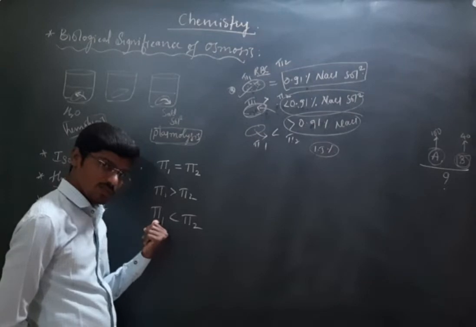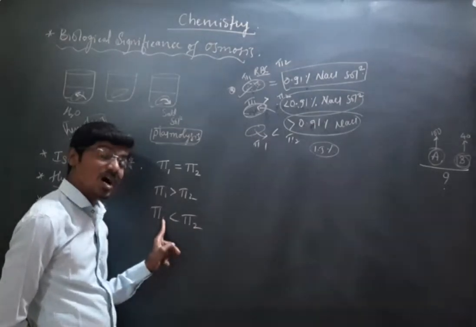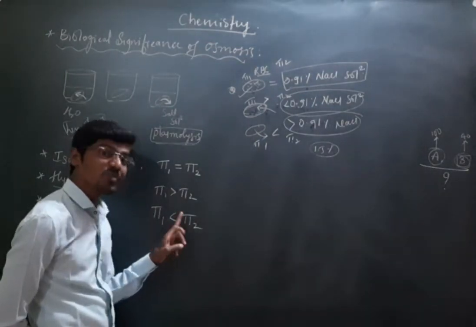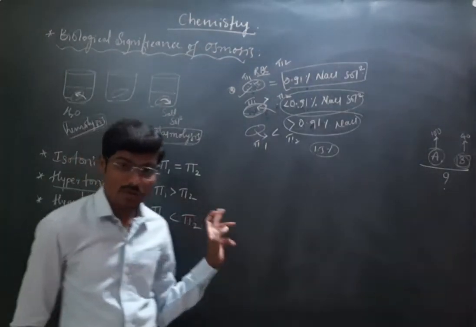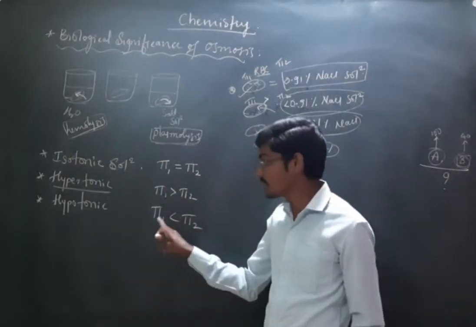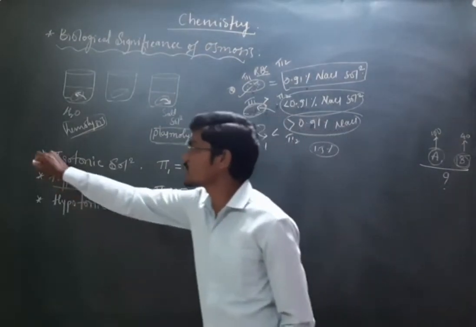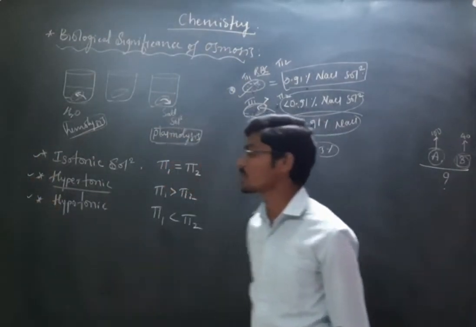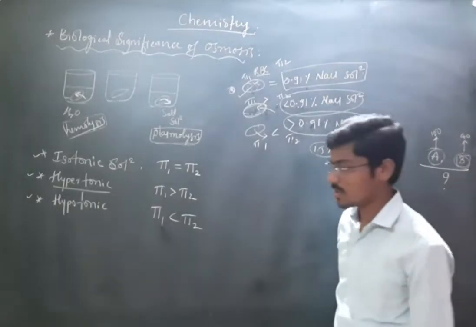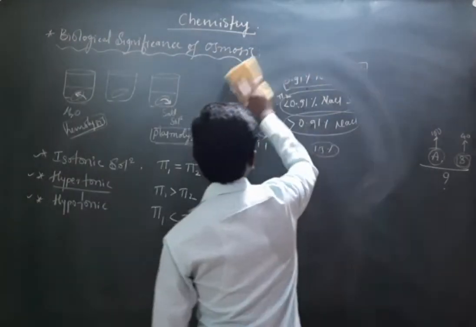In this case, pi 1 is less than pi 2, so pi 1 is hypotonic with respect to pi 2, or you can say pi 2 is hypertonic with pi 1. A very simple concept. Definition: isotonic, hypertonic and hypotonic solutions. Let us solve some numericals on osmotic pressure.